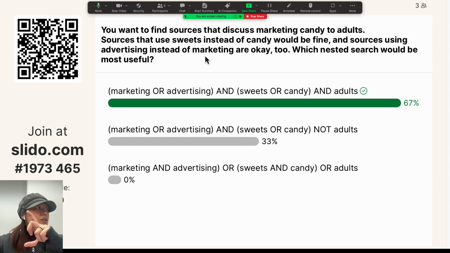That goes in the other circle, advertising, marketing. Now, the third circle, if you think about it, marketing candy to adults. Now we're talking about our subject terms. Adults goes into the third circle. So we've got sweets and candy, marketing and advertising, and adults.